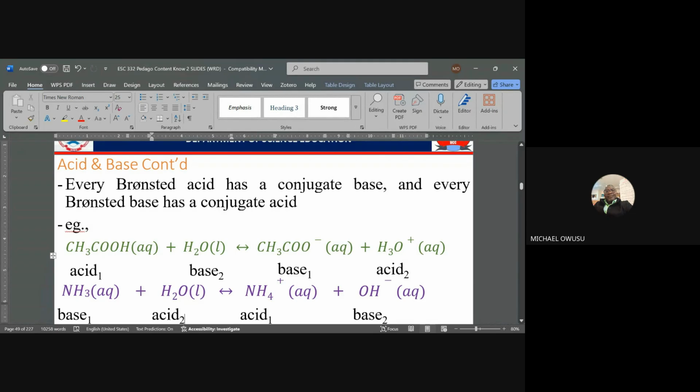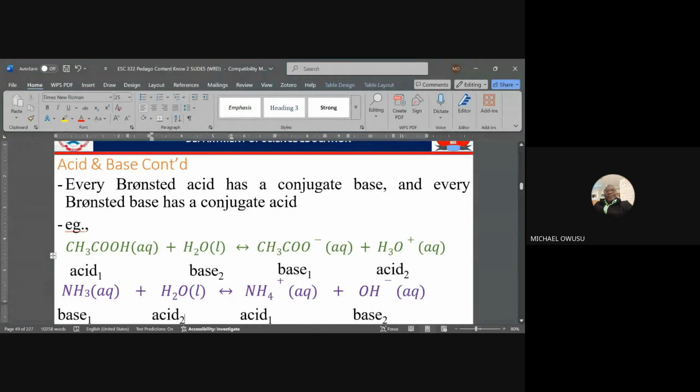So what we are trying to say is that the CH3COOH is an acid because it's donating the proton to become the CH3COO minus. And then the base, according to BL, the base H2O is a proton acceptor. So it has accepted the proton to become H3O plus.